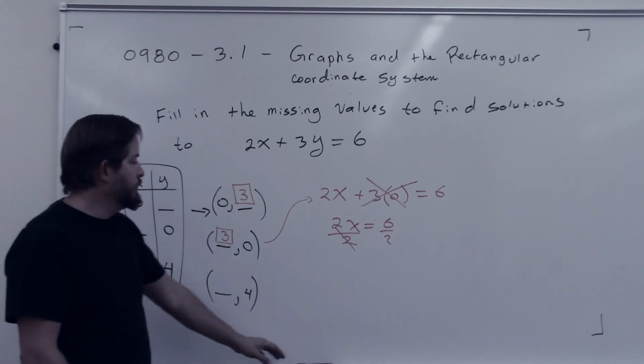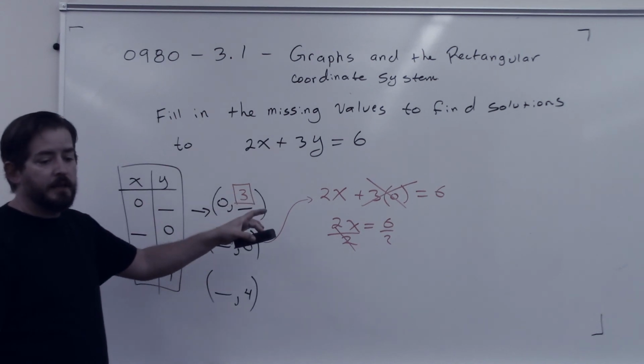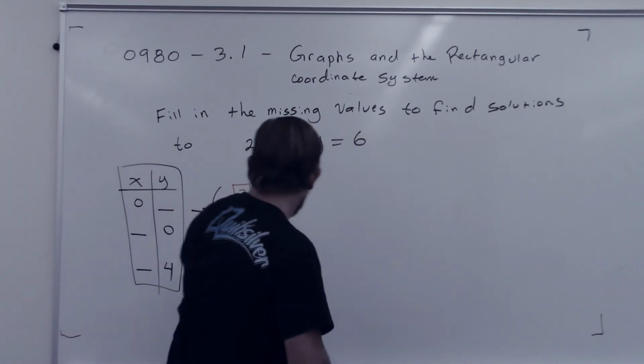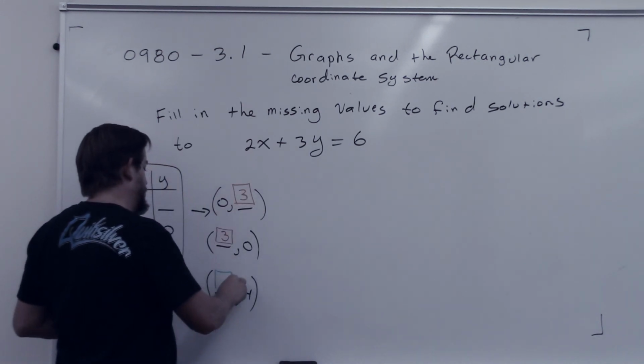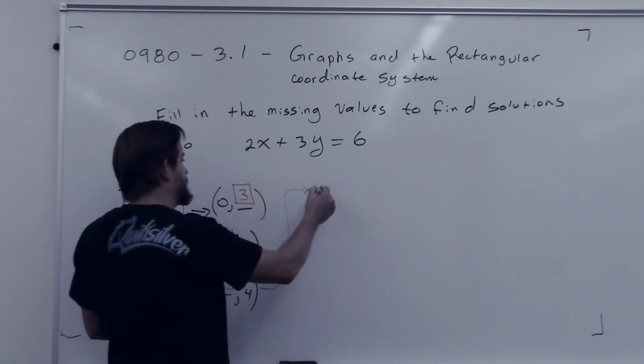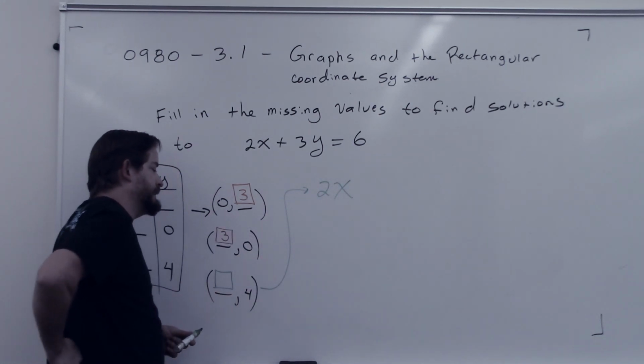All right, let's look at this last one. I'm going to solve for when y is equal to 4. I'm going to get rid of this one, so if you need to pause it, go ahead now, because here it goes. Now, I'm solving for the x value when y is 4, so nothing disappears here, but I've got still 2x. Again, I'm solving for x, so I'm leaving it as an x.